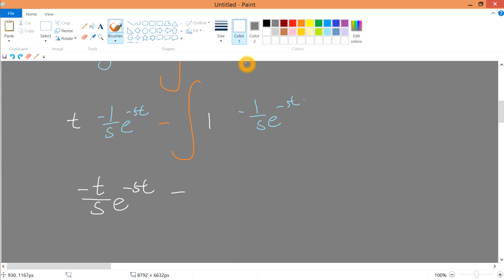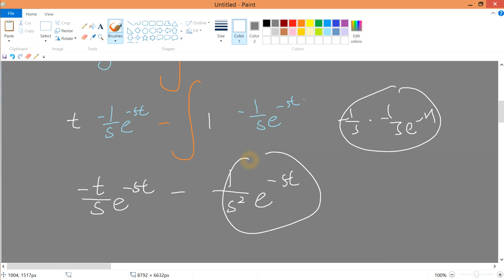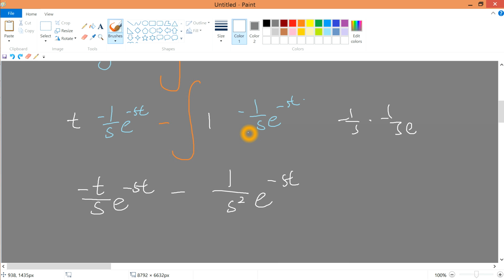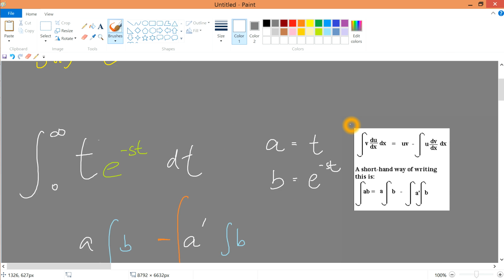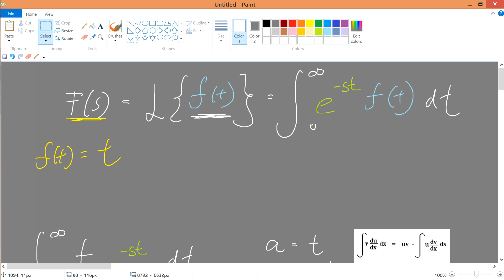If I integrate, I would have 1 over s squared e to the minus st, so minus 1 over s times minus 1 over s e to the minus st. Everything will become this thing. I'm just simply differentiating, but be careful of the minus and the plus. Also remember that this is minus. Always remember this is minus. And then we have the definite integral from 0 to infinity.